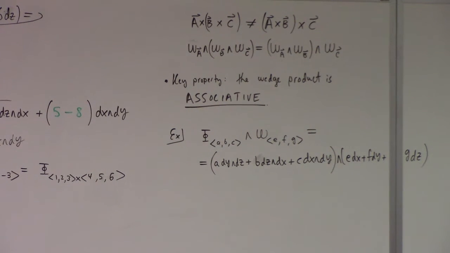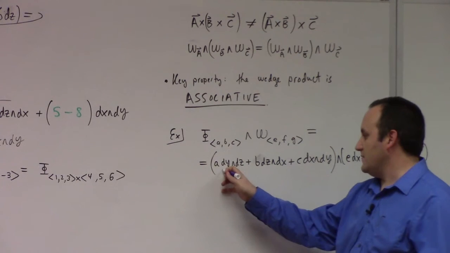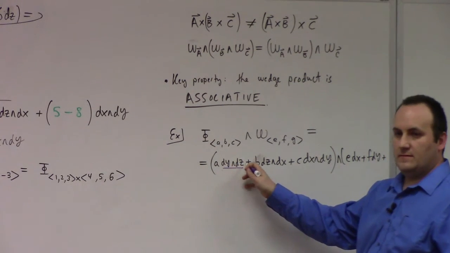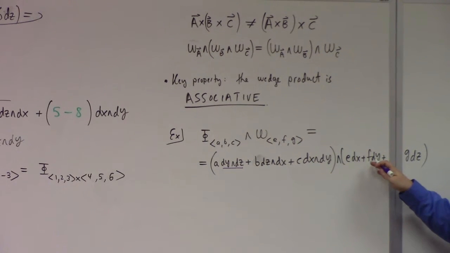This is a fun one to take because most of the things are 0. Like if you look at yz, right? If you think about this dy term, you get what?